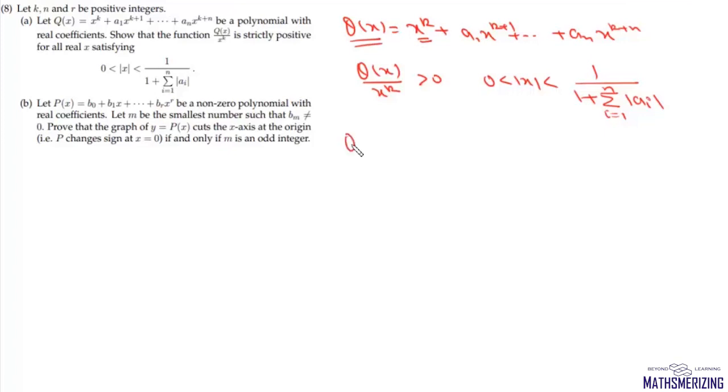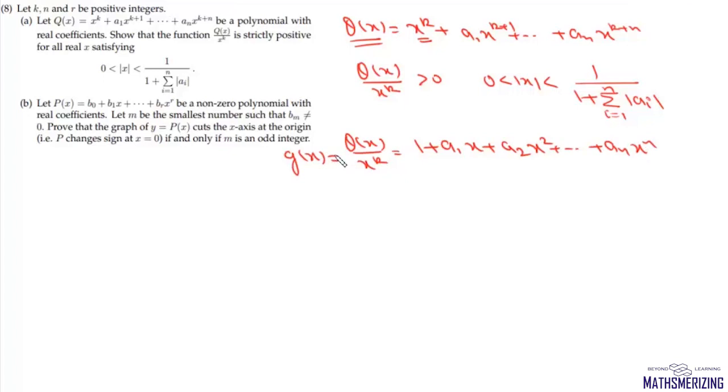We can write this as 1 plus a1x plus a2x square plus ... plus an x to the power n, and let us say this is some function g(x).